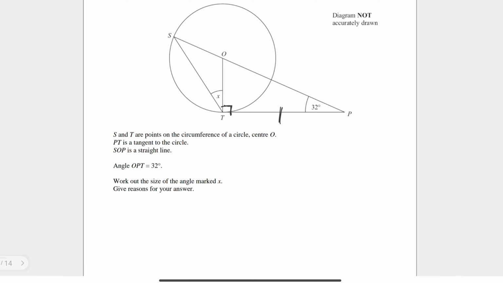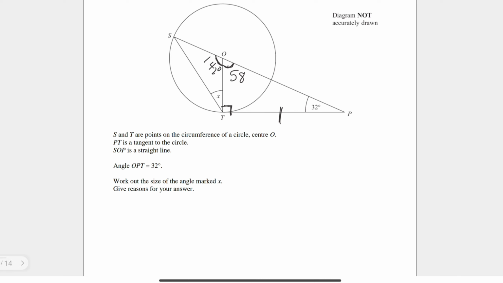And if that is a right angle, what does that tell us? That means this angle here is going to be 90 minus 32, which is 58 degrees. If this is 58 degrees, we know that this is a straight line, so this is going to be 180 minus 58, which is 142 degrees.